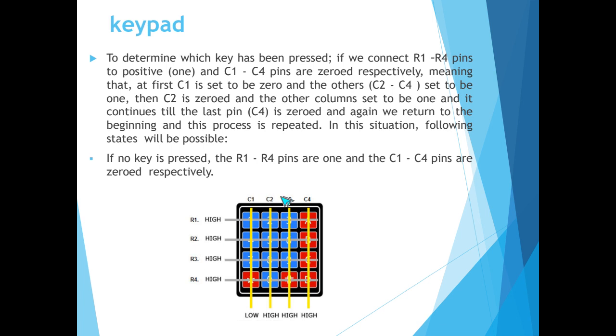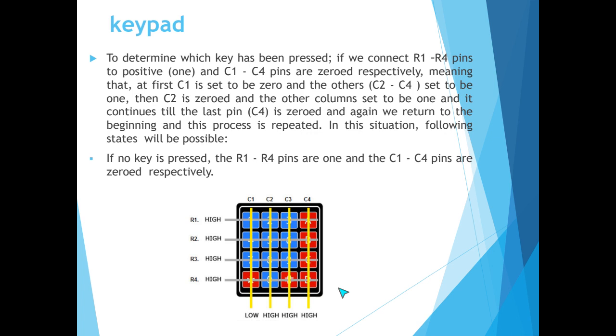And C1, C2, C3, and C4 are also configured as output, and their initial state is determined as high voltage, or connected to 5 volts, okay? At the first step, R1, R2, R3, R4 have high voltage, and C1, C2, C3, C4 also have high voltage.